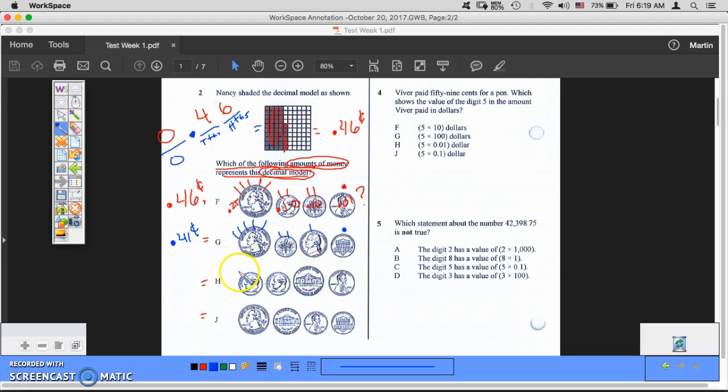So let me do my Harry Larry's. 5, 10, 15, 20, 25, plus 1 is 26 cents. Right here, the quarter, 5, 10, 15, 20, 25. A nickel, 30, and 2 pennies, 31, 32. So this would be 32 cents.